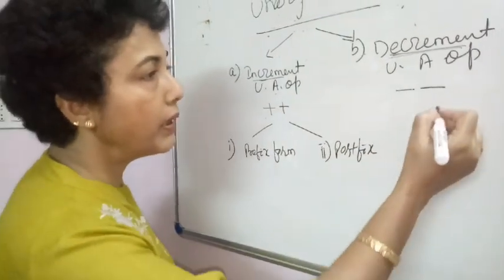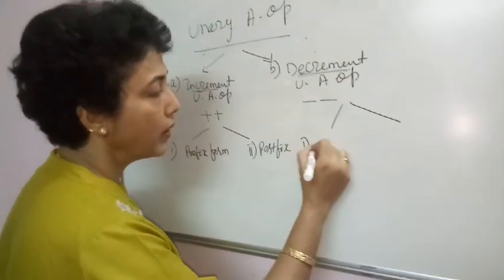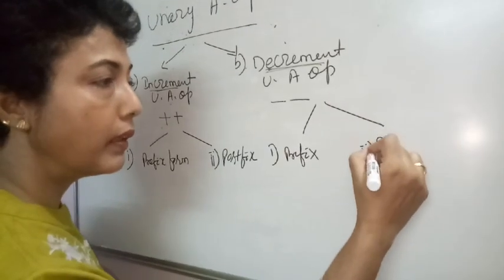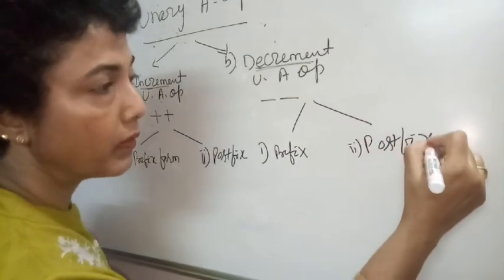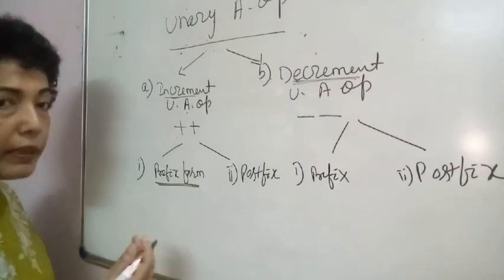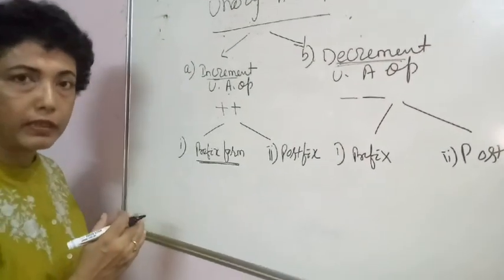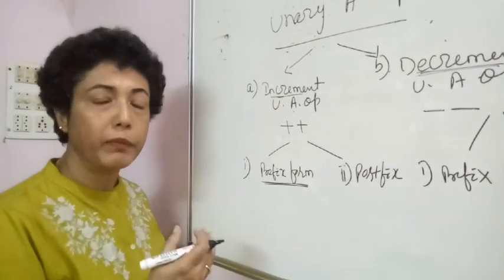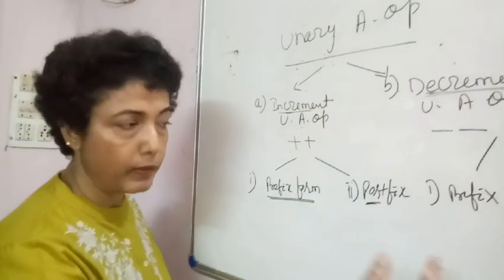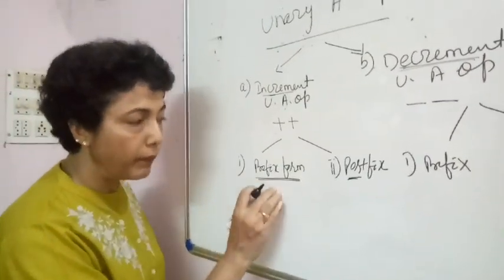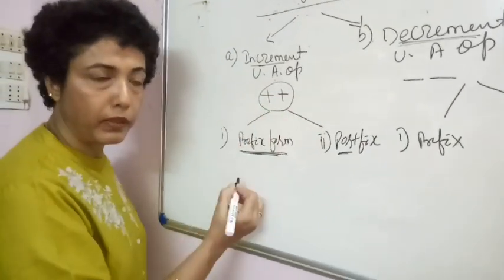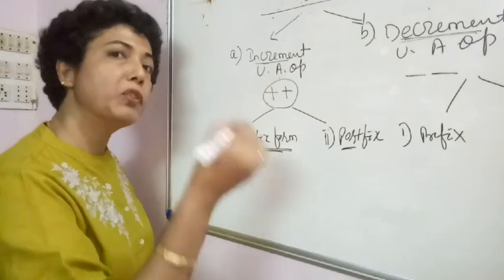Similarly here, this one also in prefix form and postfix form. Now, what is this prefix? Pre means before, and post means after. So then what does it mean? It means that in this form, this increment operator appears before the operand.